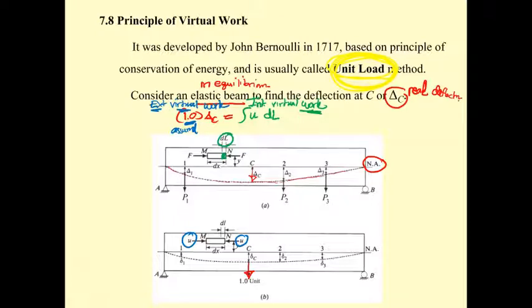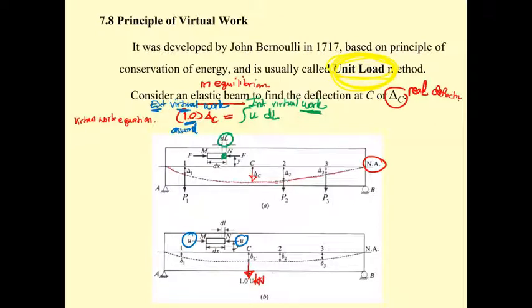This is called the virtual work equation that can be used to find the slope and the deflection of the beam, of the truss, and of the frame. In case you want to find the slope, you just change the one. This one is in units of kilonewton.